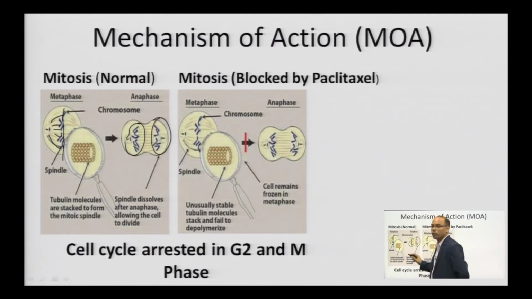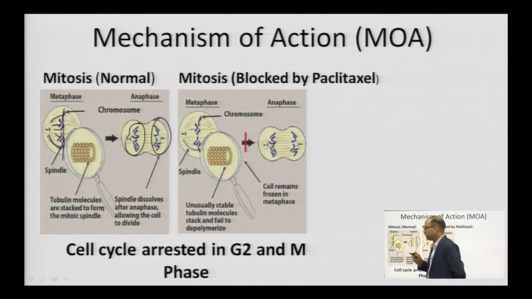These spindle fibers are made up of tubulin molecules stacked on one another to form a mitotic spindle. In normal condition, these spindle fibers form and degrade during normal mitosis.